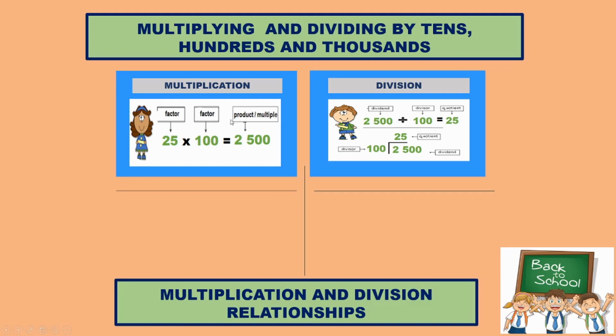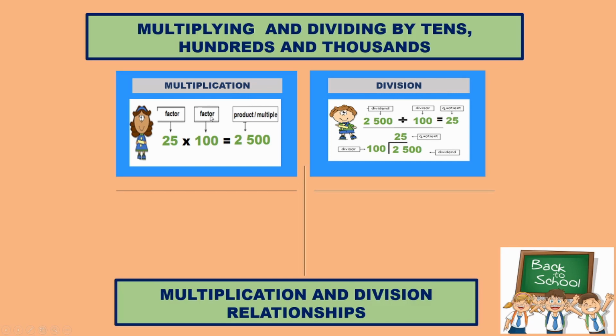Why are we doing multiplication? We multiply to join equal groups, while we divide to separate the numbers into equal groups. That means multiplication is to join, while division is to separate.